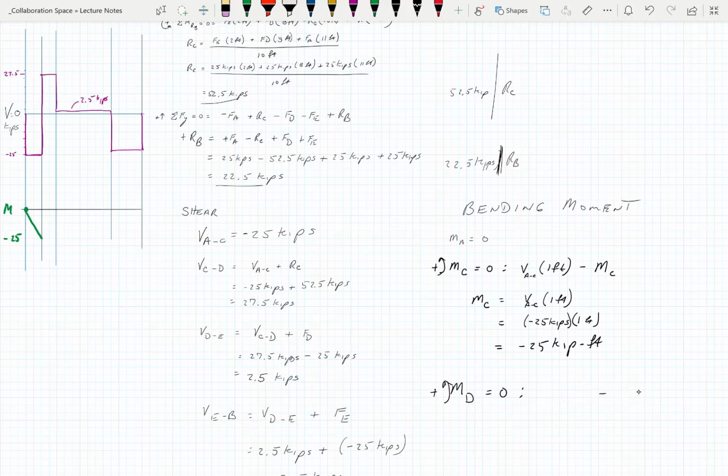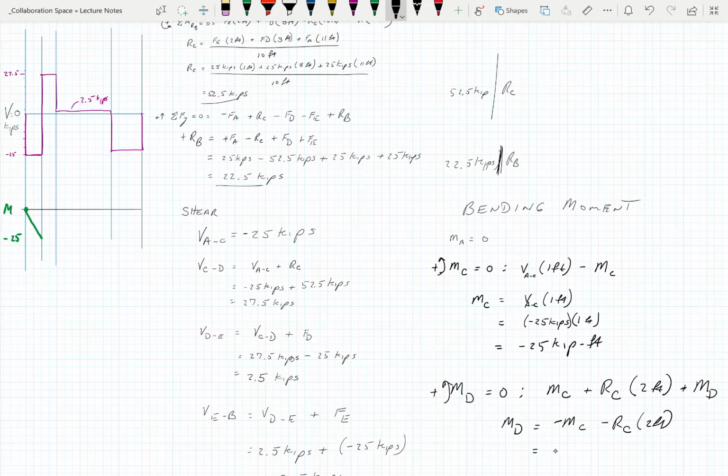Oh, I get it. Hold on. Moment at C plus the reaction at C times 2 feet for that. All right. That's going to be the moment at D. Moment at D is equal to negative moment C minus RC times 2 feet.